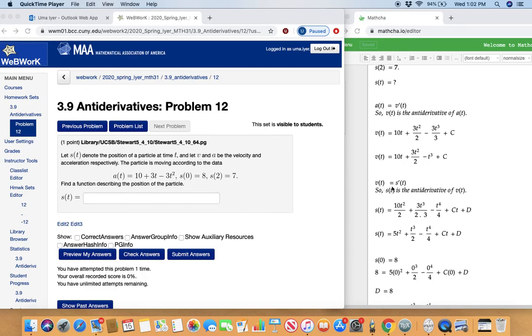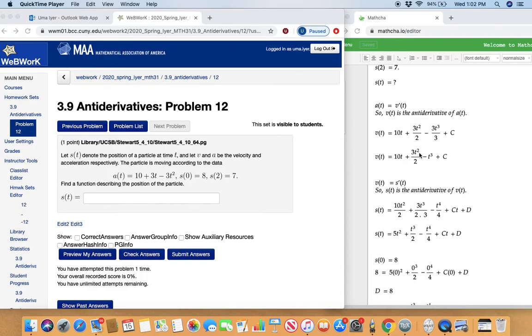So V of t is S prime. V is the derivative of S. So S is the antiderivative of V. Starting from here, you need to start taking the antiderivative. So this is V, the antiderivative is S. Increase the power of t by 1, that is t squared over 2, divide by the new power. 10 is just multiplied, it stays put. 3 over 2 stays put.